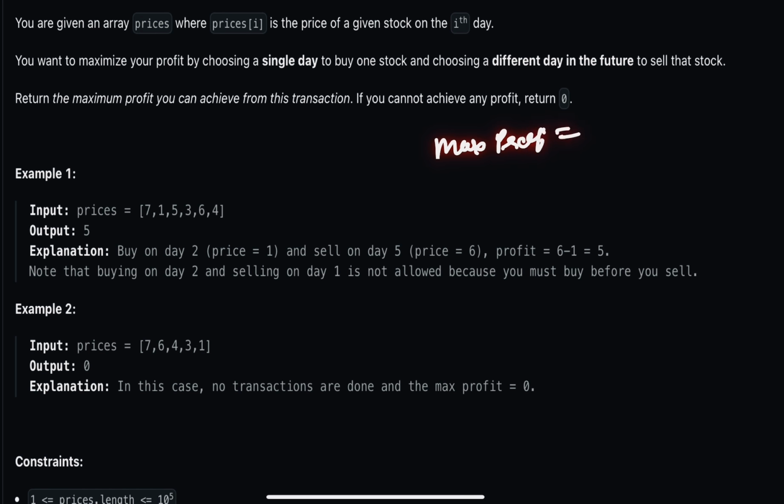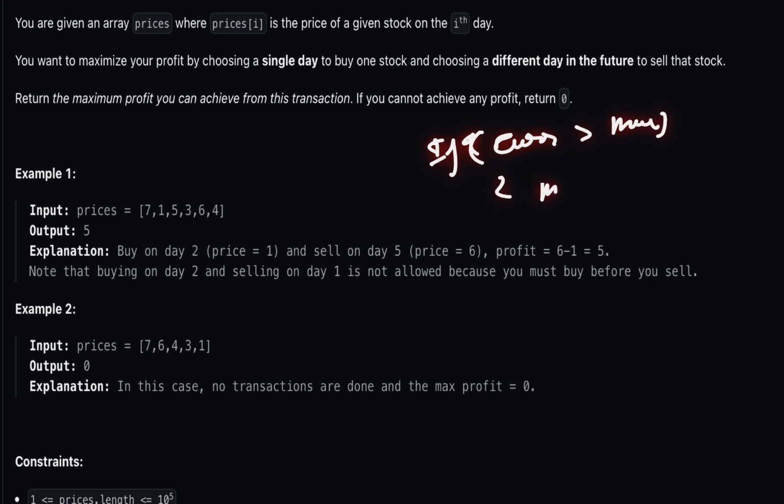In that variable you store 0 initially because you don't know the maximum profit. Now you check if my current profit is greater than the maximum profit, then I update the maximum profit with the current profit. So this is the logic.